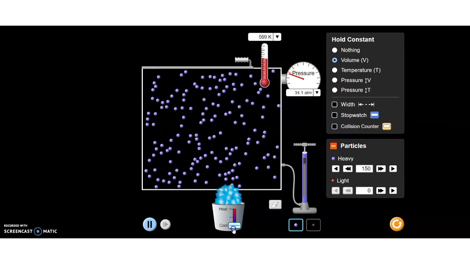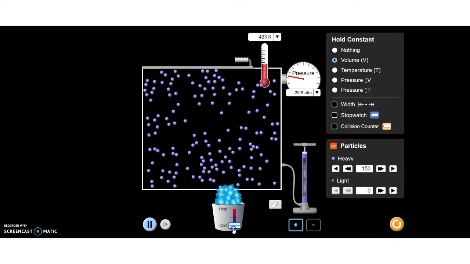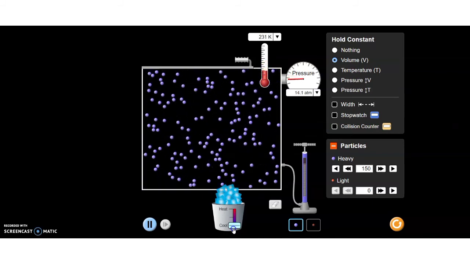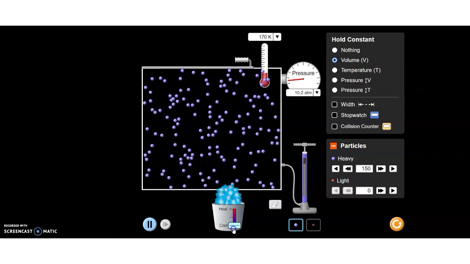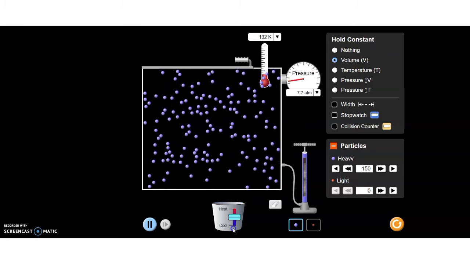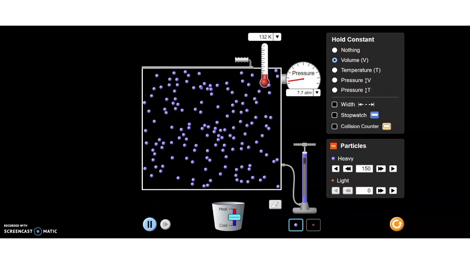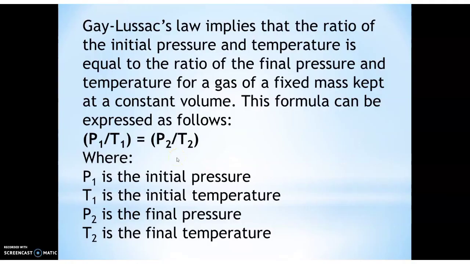So Gay-Lussac's law states that at constant volume and number of moles, the temperature is directly proportional to the pressure. This is Gay-Lussac's law. As we saw in Charles law, Gay-Lussac's law implies that the ratio of the initial pressure and temperature is equal to the ratio of the final pressure and temperature of a gas kept at constant volume.